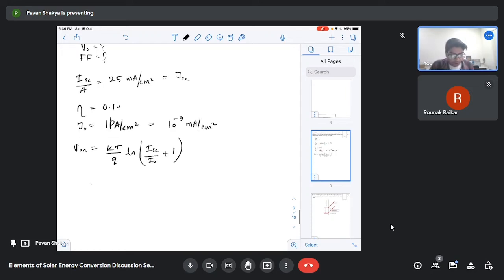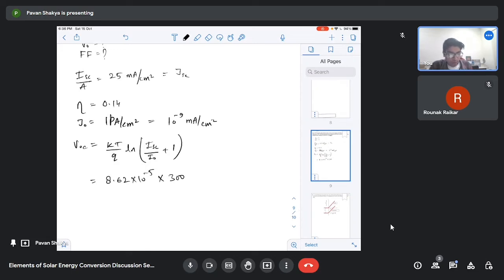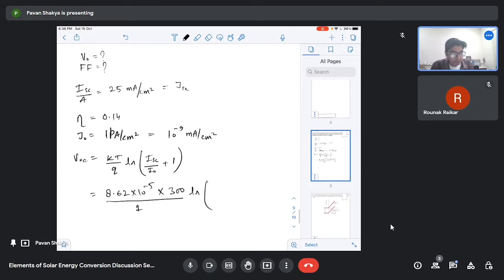Okay, we have all the values, so we can directly put that K is 8.62 into 10 to the power minus 5. Temperature, we have taken room temperature, it's 300 Kelvin. Q is 1 electron volt, and ln ISC divided by I naught. So we can write ISC divided by I naught is equal to JSC divided by J naught.